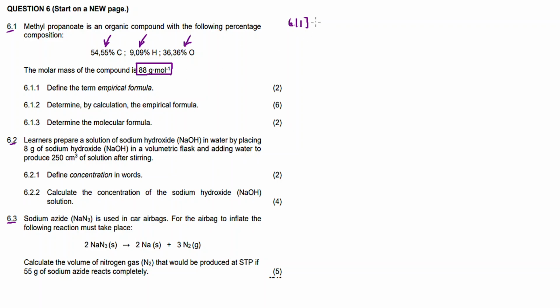So empirical formula is the simplest whole number ratio of the elements in a given compound.